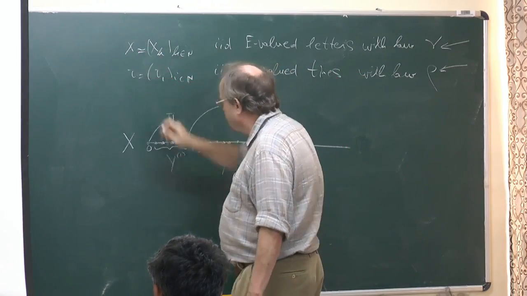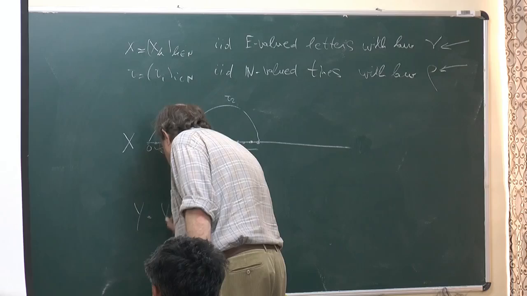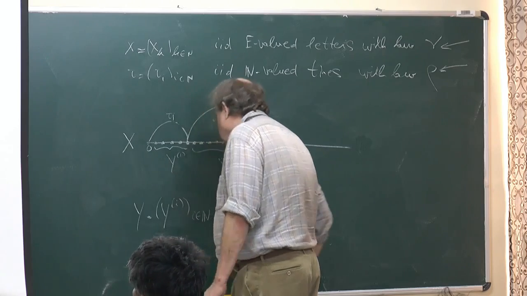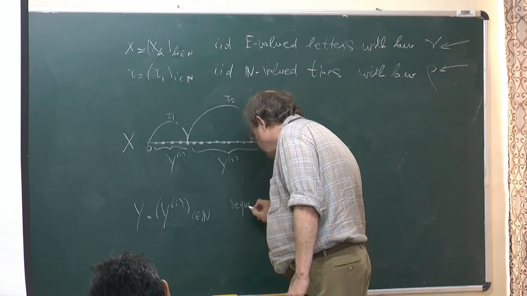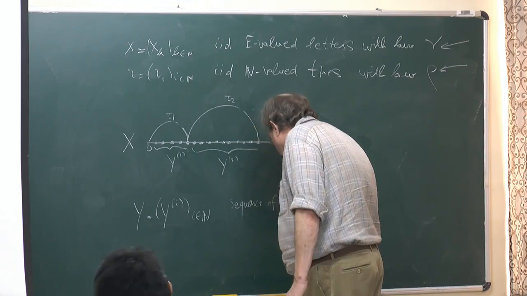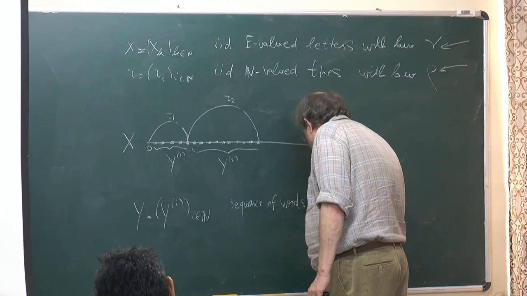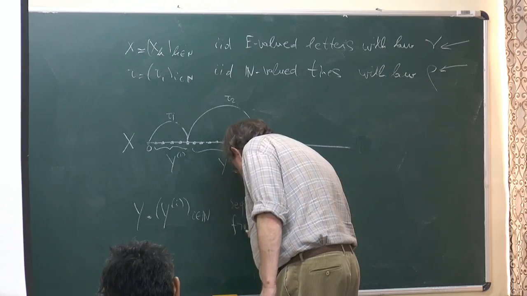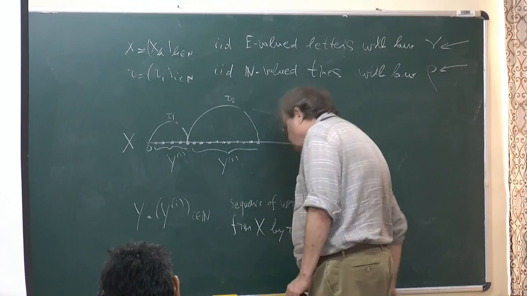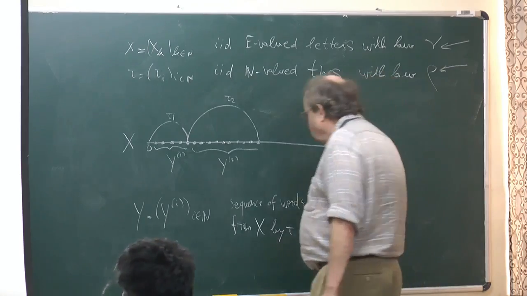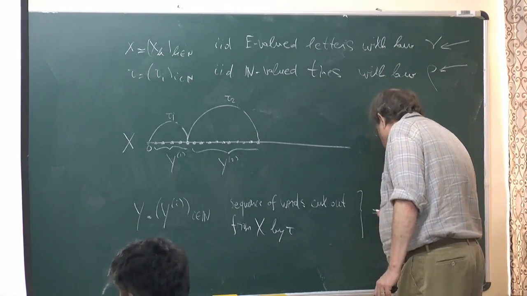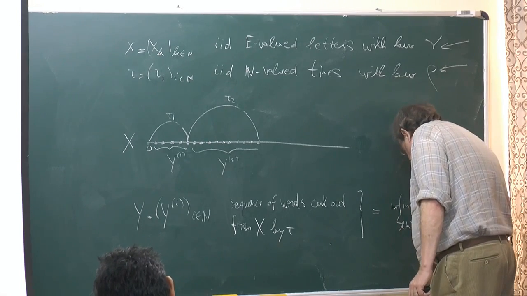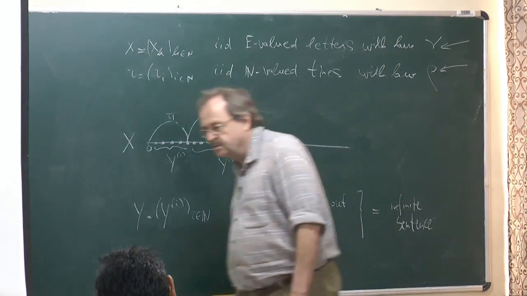So out of this, I construct a sequence (y_i), where i runs over N. And this is the sequence of words cut out from x by tau. You could think of this thing, if you wish, as an infinite sentence, just an infinite sequence of words.